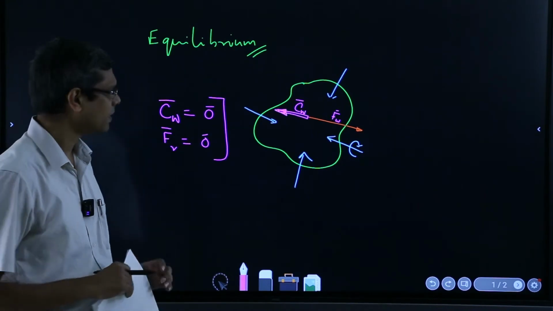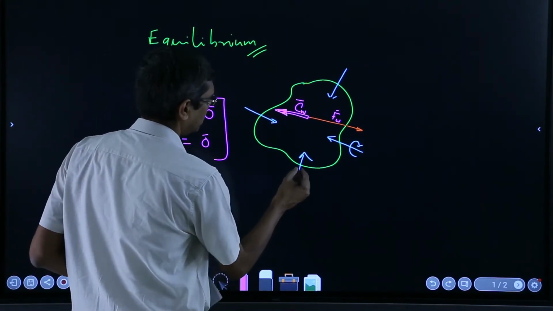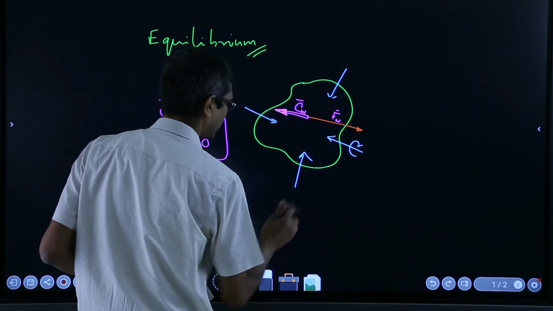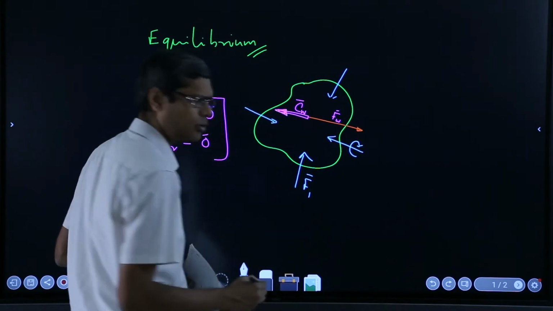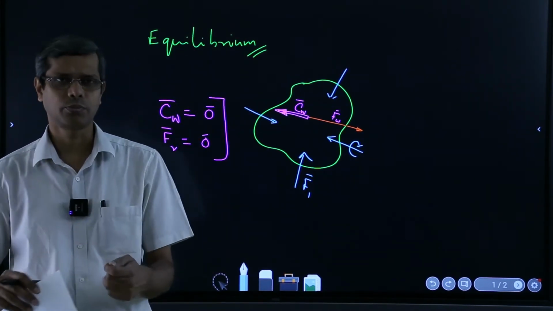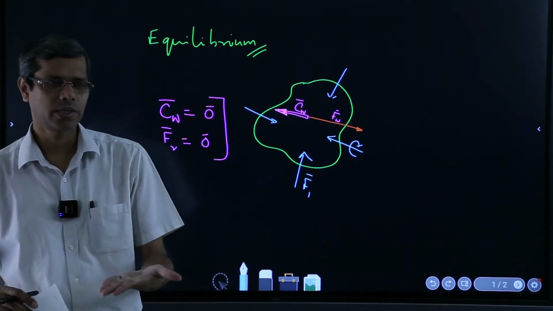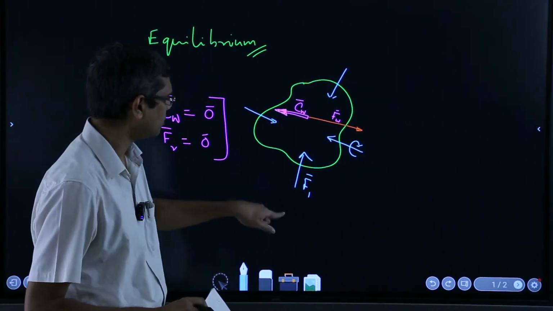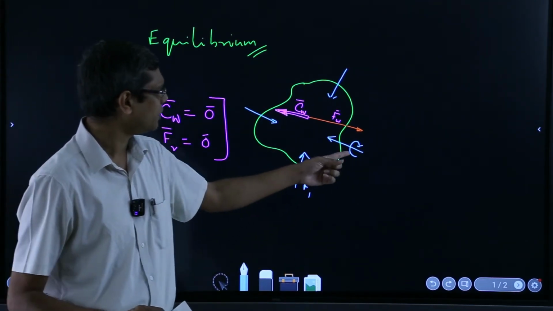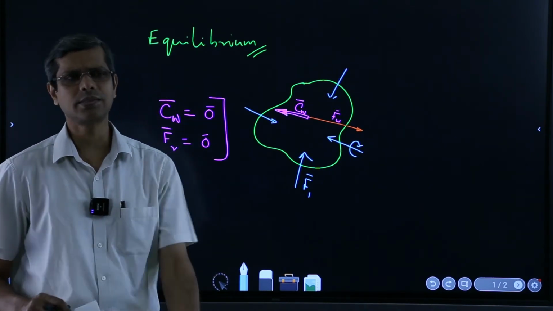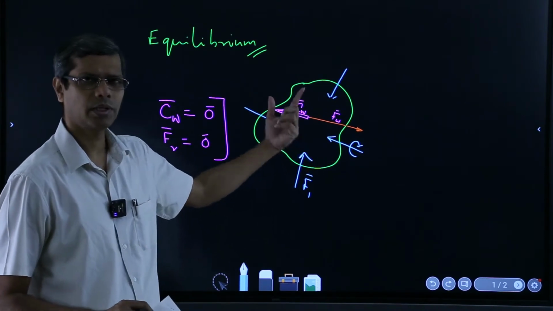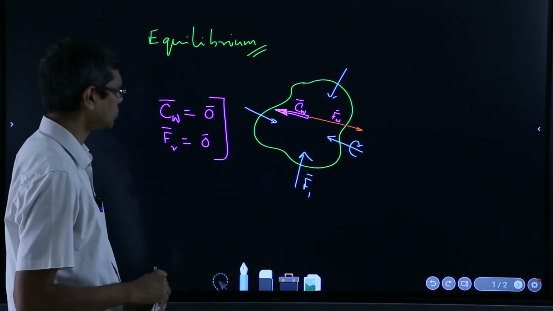For example, maybe this blue force, which I call say F1 here, could be coming from a ground support which may be a roller support. Somewhere the ground is in contact and there is a normal force, a frictionless contact, and maybe this is that force, and maybe this couple moment is some sort of ground reaction, a couple moment reaction coming from some other point of contact to the ground.